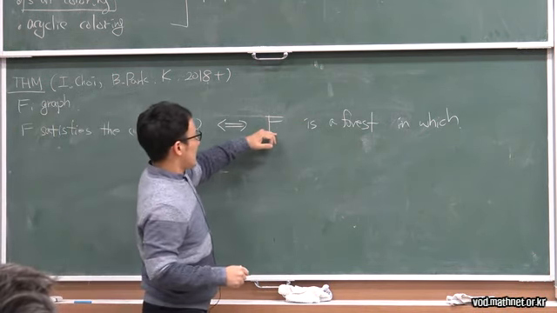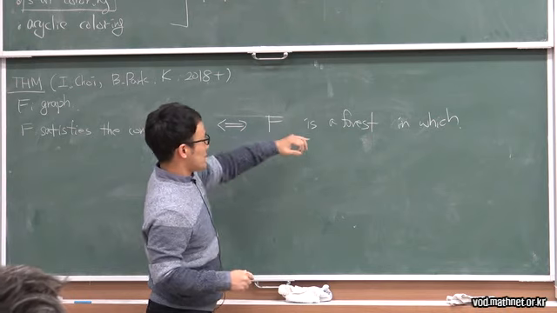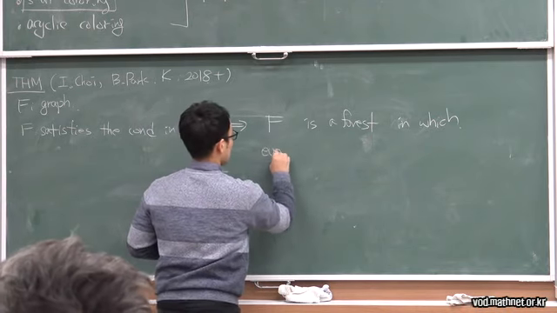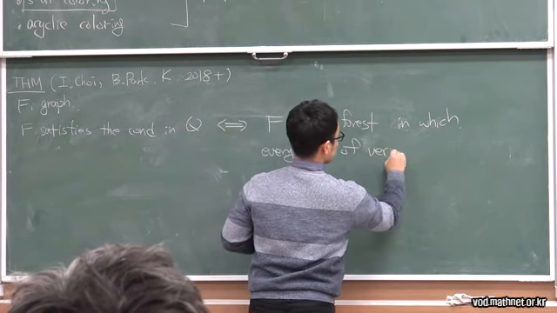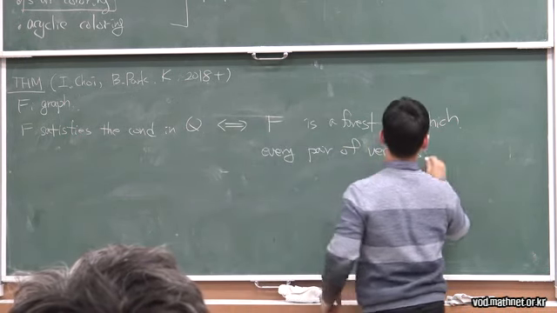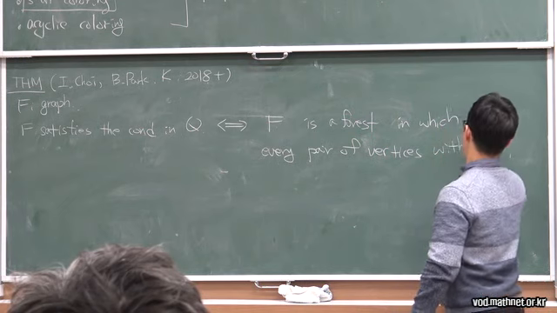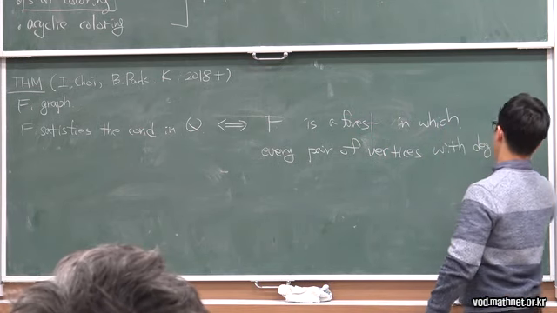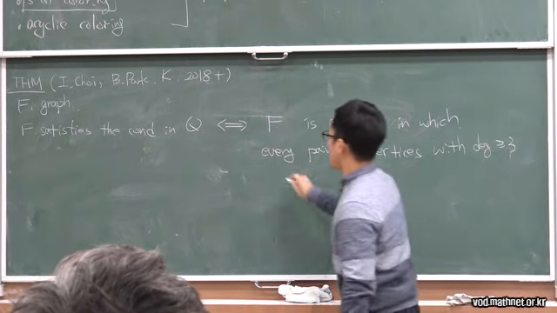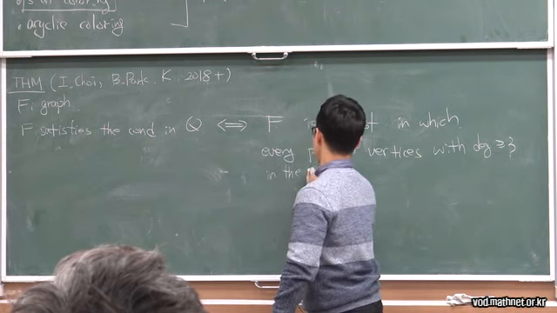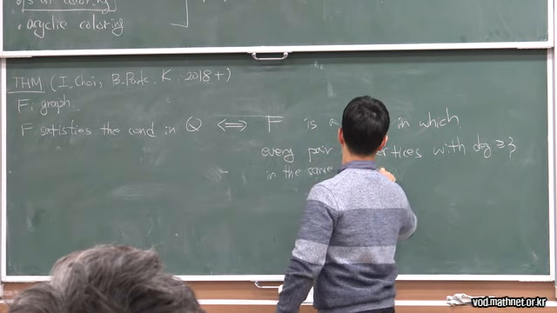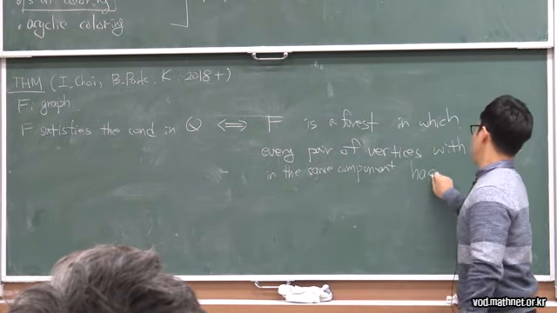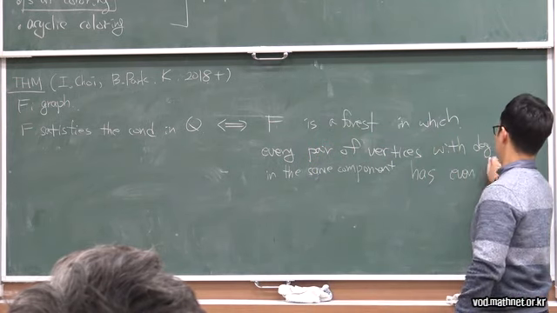So F is a forest in which every pair of vertices with degree at least 3 in the same component has even distance.